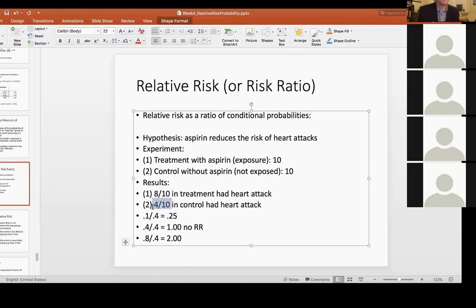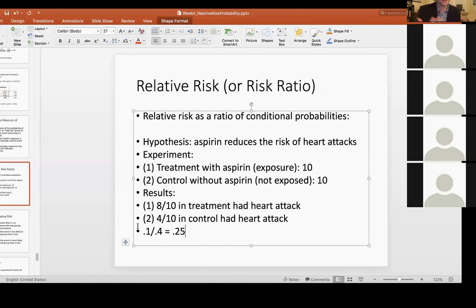Now I'm going to tell you what it does not give you. Let's go back to what I gave in the first example, which is consistent with what we find in research, which is that aspirin does reduce the prevalence of heart disease. And that might seem good. We can say that it reduces your risk of heart disease by 75% or 0.75, because remember, 1 is an effect of 0.